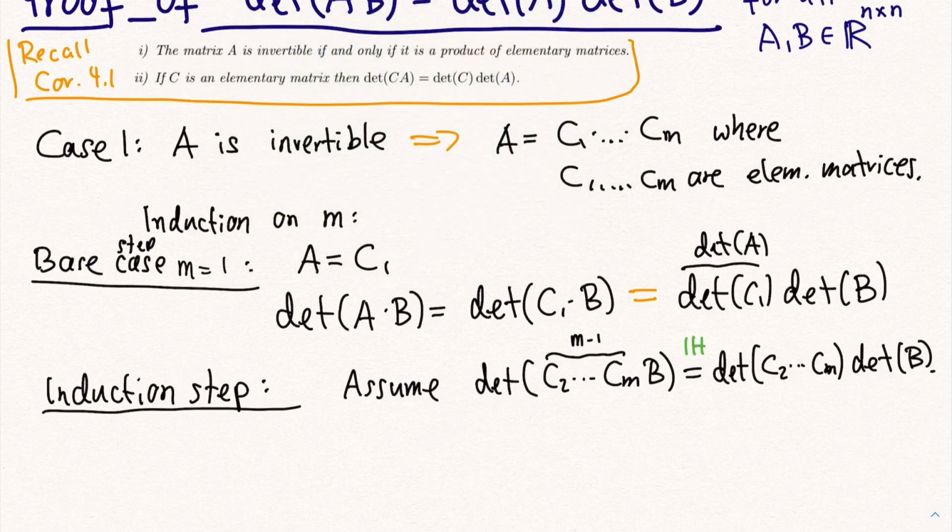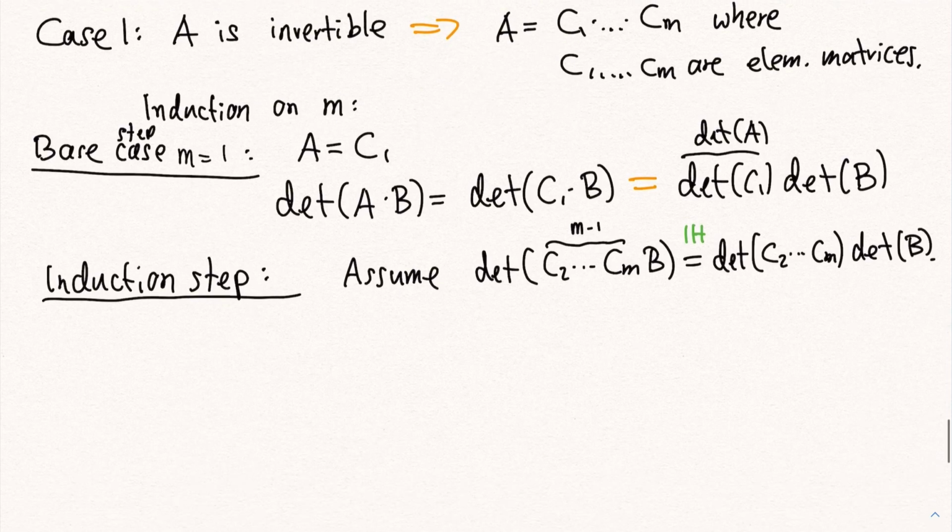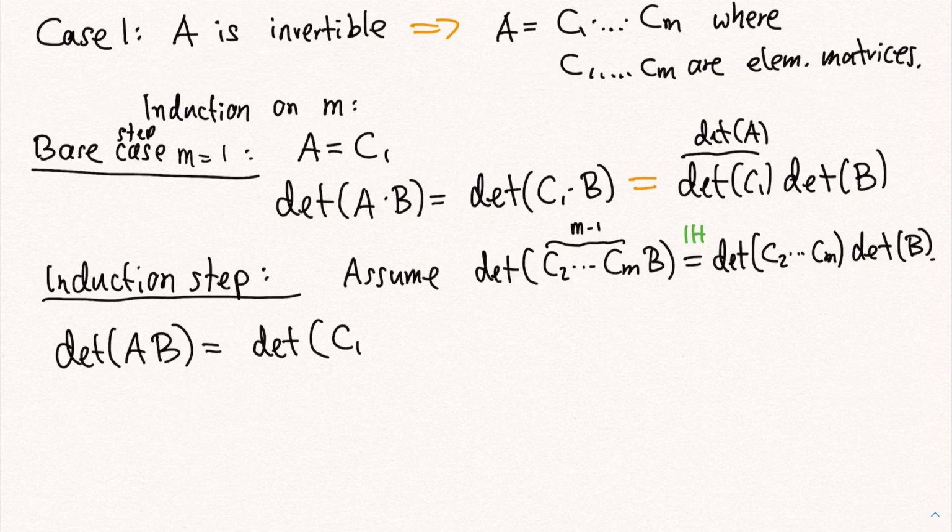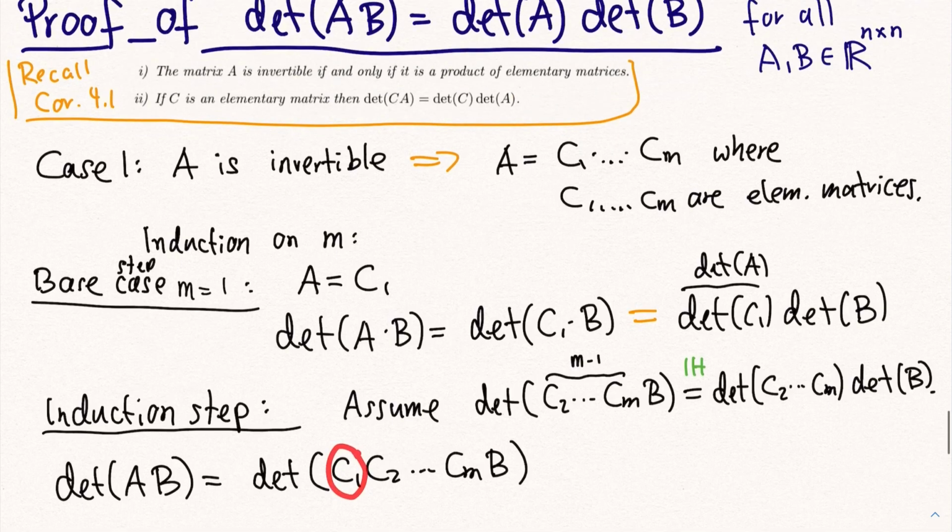And now we want to see what happens if A is this product C1 up to Cm. So the determinant of A times B is the determinant of C1, C2 up to Cm, B. Now this here, C2 up to Cm times B, is some matrix, multiplied with an elementary matrix.